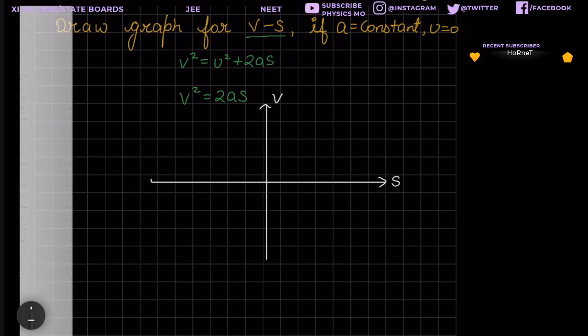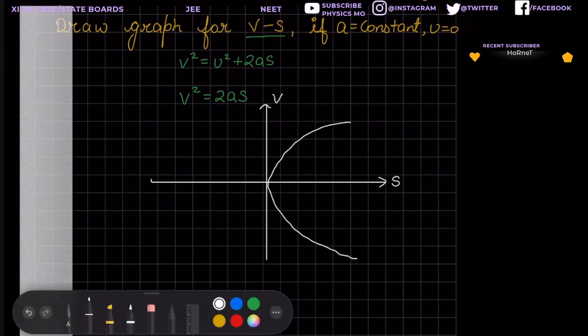So the graph will be open towards the linear one, which is s, displacement. So in that case it will be open towards the s axis, right. So this will look something like this. This is the graph for v square is equal to u square plus 2as. Have you got the point?